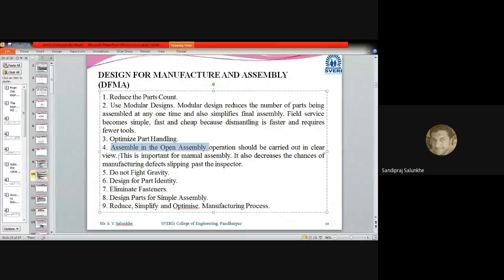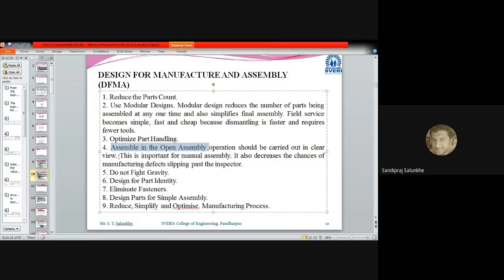For example, take car manufacturing, car body manufacturing especially. It is not done in a compartment, so it doesn't require a compartment.